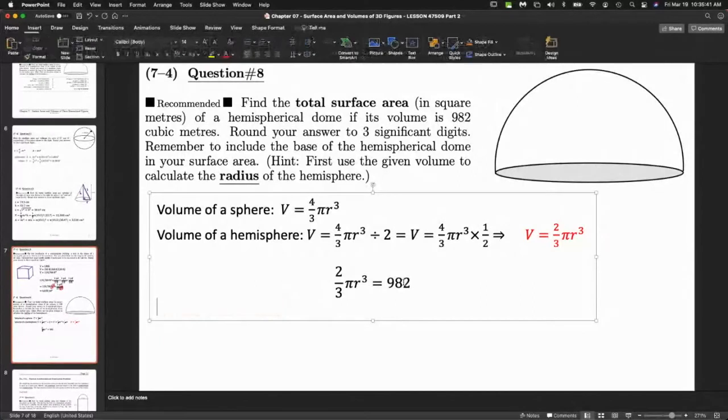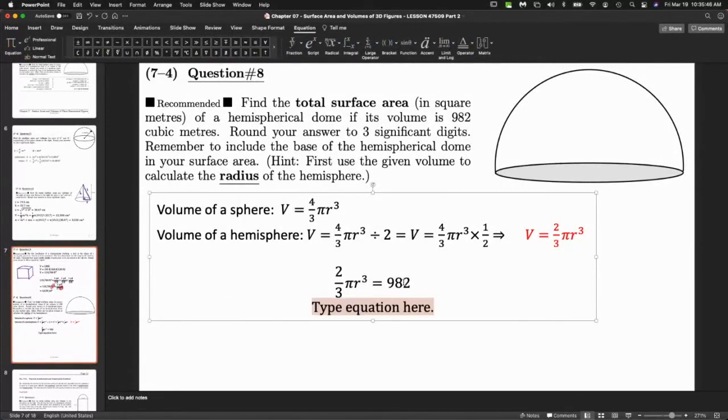So anyway, how are we going to approach this question? Well, what you can do is you can take 2/3 of pi if you want and turn it into a decimal, which is what I did. This is approximately 982.